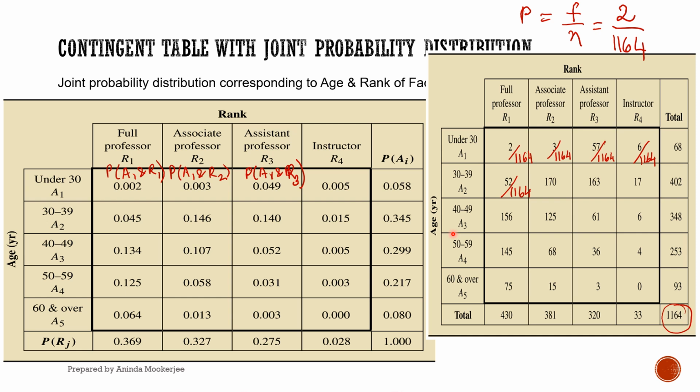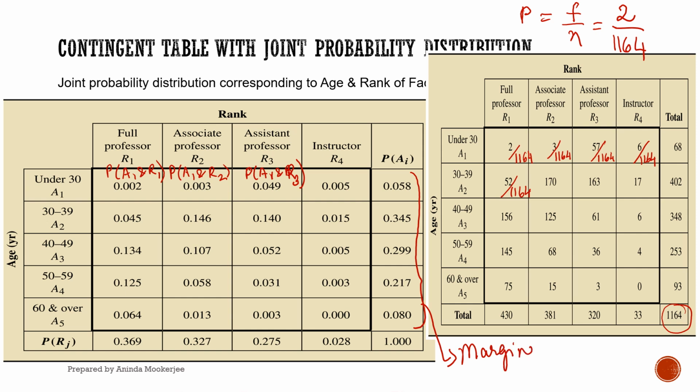Now, these values here on the margin, these are called the marginal probabilities. And let me write that down now. All these values here along the margin represent marginal probabilities.